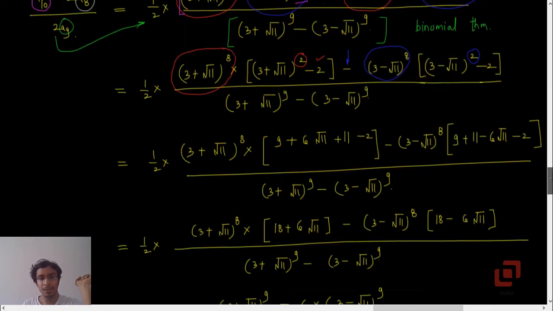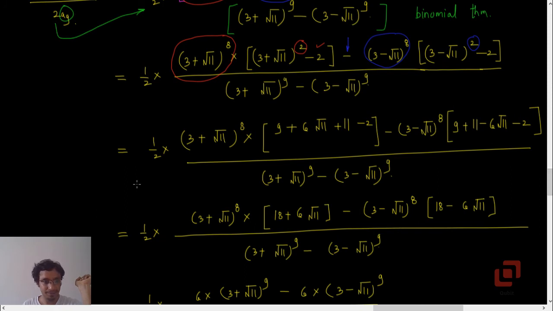Now the next part. Expand 3 plus root 11 raised to 2: a squared plus 2ab plus b squared, keep 2 as it is. Do the same thing here, expand 3 minus root 11 raised to 2: a squared minus 2ab plus b squared, minus 2 as it is. Then 9 plus 11 will be 20, 20 minus 2, 18. 6 plus root 11 as it is.